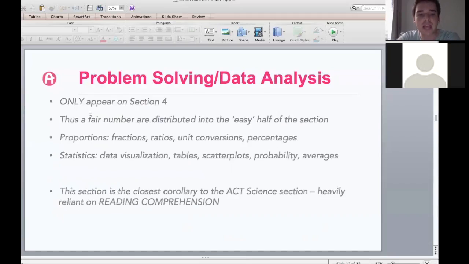Problem Solving and Data Analysis only appears on section 4 again. And because there are so many questions, it's distributed throughout, and so quite a few of them are very easy questions. Proportions, fractions, ratios, a lot of the time it's looking at the labels of axes on graphs. There are tons of times where the distance in the x direction is different from the distance in the y, and of course they're going to put the answers that assume that you haven't noticed that.